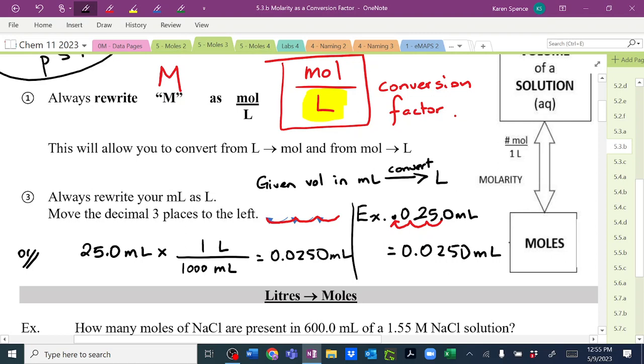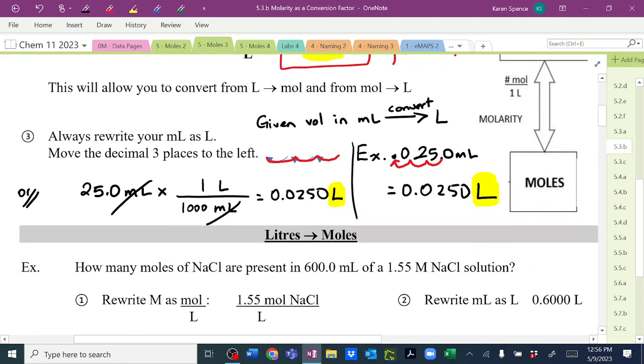Okay, so either of those methods are fine, whichever you like is good. Oh, that should say liters, because we canceled the milliliters, and so should this one here. Those should not say milliliters, they should say liters here and liters here. My apologies.